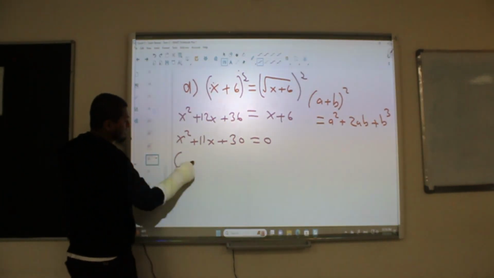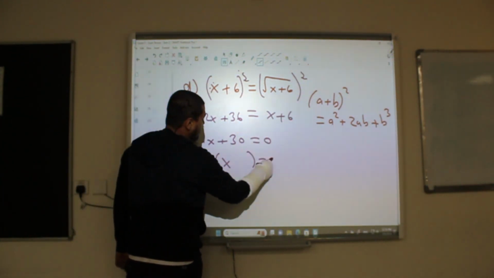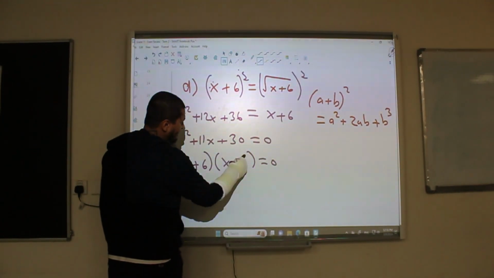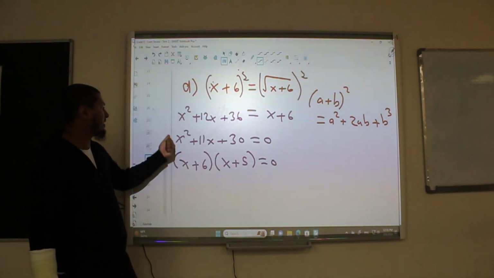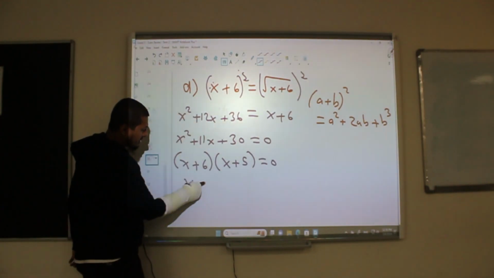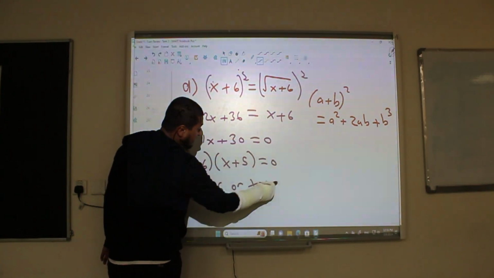Now we factorize this. X plus 6, x plus 5 equals 0. I can see 6 and 5 working, so plus 6 plus 5, or you can use a calculator to solve. Mode 5, 3, put 1, 11, 30 ABC values, and you should get an answer of x equals negative 6 or x equals negative 5.